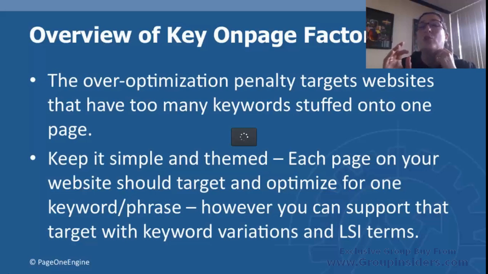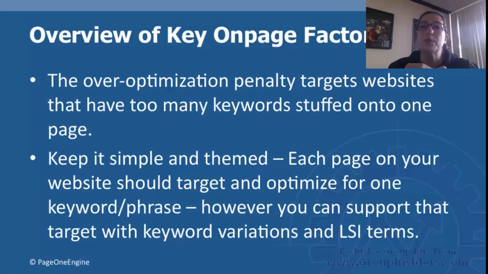Each page on your website should target and optimize for one keyword phrase, and you want to support those with variations and LSI terms. Now, LSI terms really means if you were to have a keyword, for example, like SEO, an LSI term would be search engine optimization. An LSI term would be optimizing the website, optimizing your website.